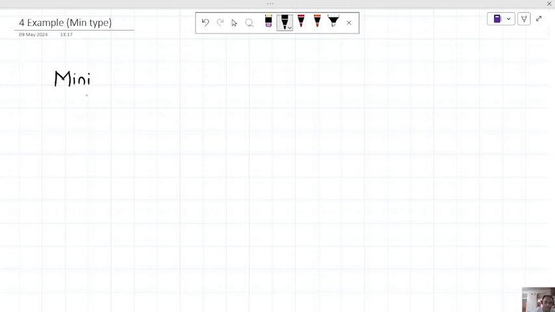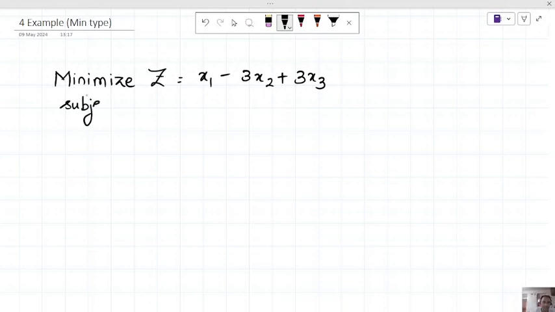Minimize z, which is of the type x1 minus 3x2 plus 3x3, subject to 3x1 minus x2 plus 2x3 less than or equal to 7.